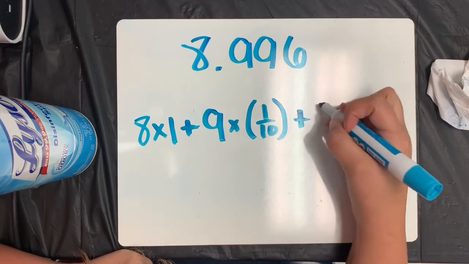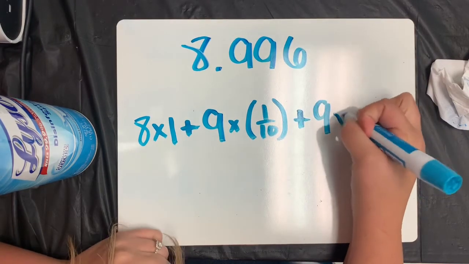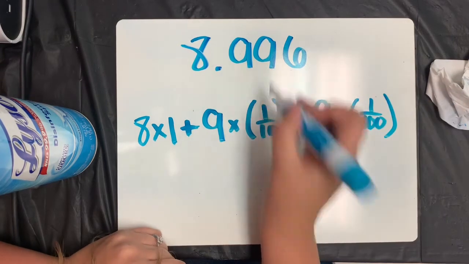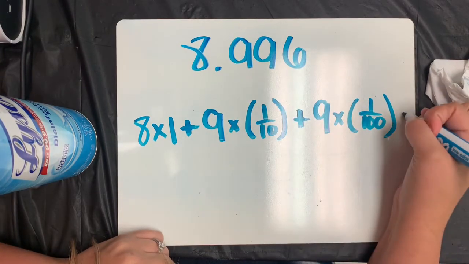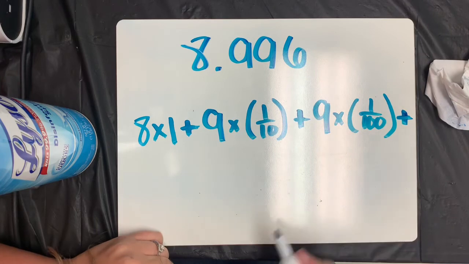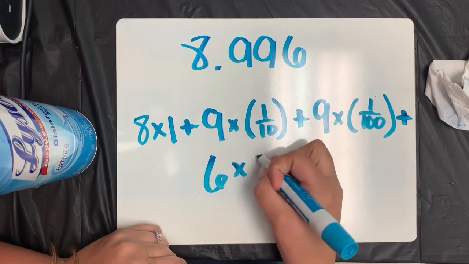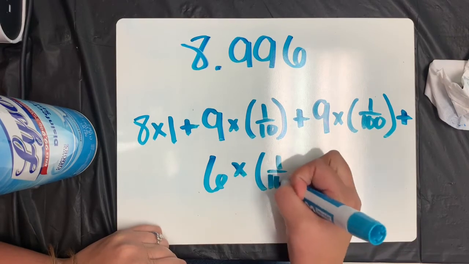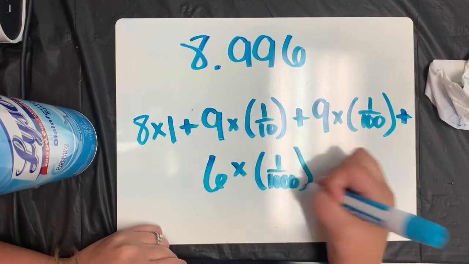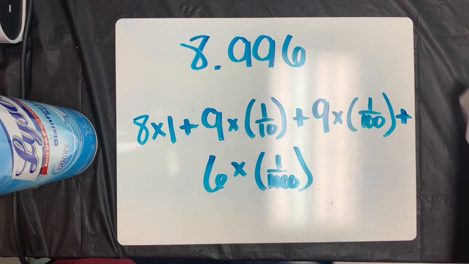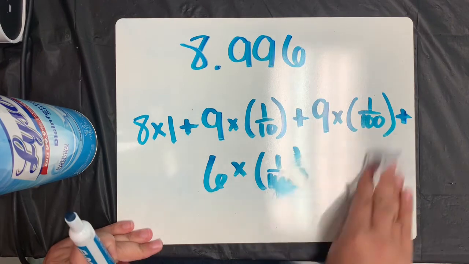Then add that to 9 times 1/100th because there is a 9 in the hundredths place. And I'm going to skip down to the next line. Add that to 6 times 1/1000th because there is a 6 in the thousandths place, and that is the expanded form of that number.